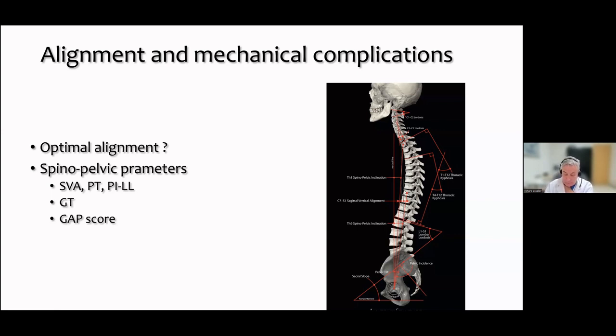Professor Lamartina is more and more talking also about the sitting position. So it's still evolving, but we need a formula that shows us what is the best alignment based on the age, the quality of the bone, and the morbidity of the patient.